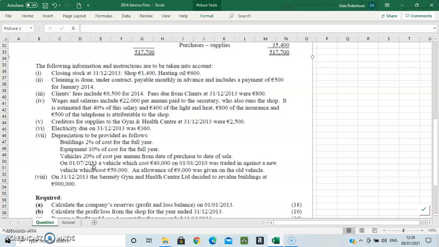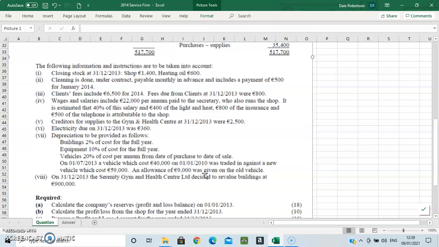However, this sentence here says that on the first day of July 2013, a vehicle which cost 40,000 way back in 2010 was traded in against a new vehicle costing 59,000, and there was an allowance of 9,000 given on the old vehicle.